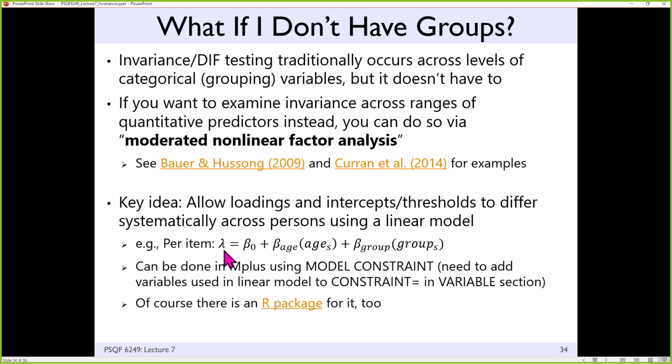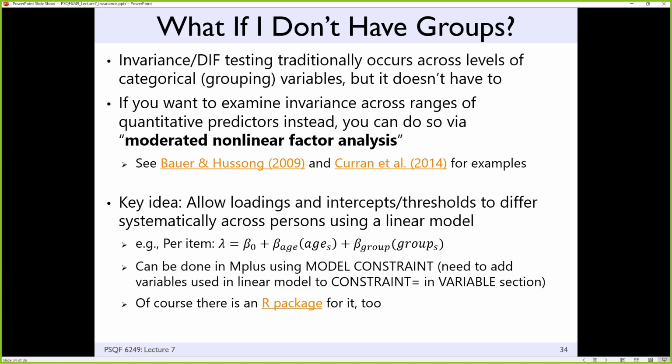So like you might have a loading and say that that loading is equal to some intercept, which would be the loading for the reference values of these predictors. And then beta age would tell you how different the loading needs to be per year of age. Beta group would tell you if the loading needs to be different in one group versus another. So the latter is exactly what we've been doing, just not in a linear model way.